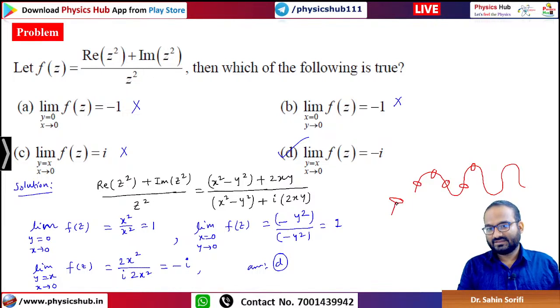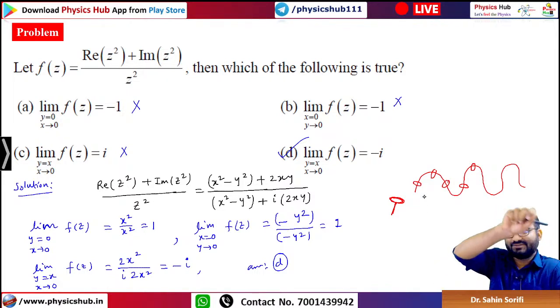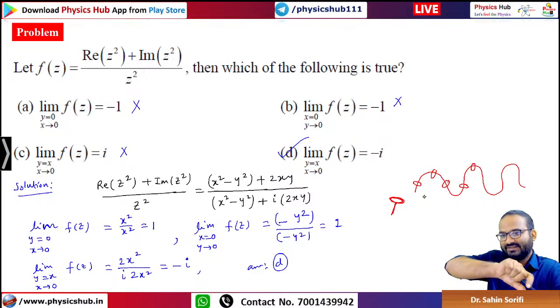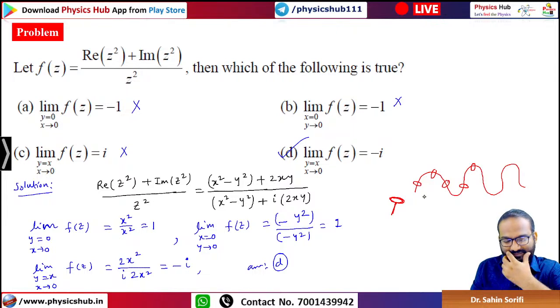If this device touches the wire, then it beeps. In a fair you generally see this kind of thing. You safely pass it through the wire, and as soon as it touches the wire, it beeps, because you make the conduction path.